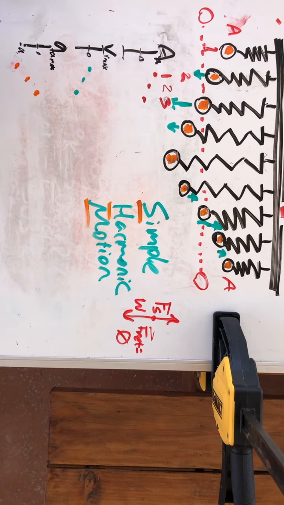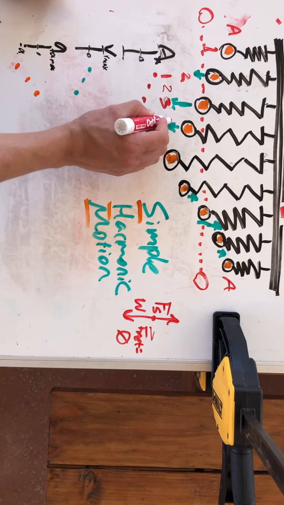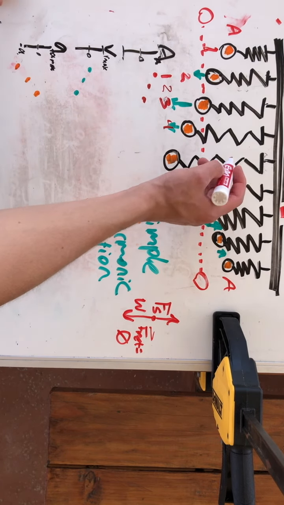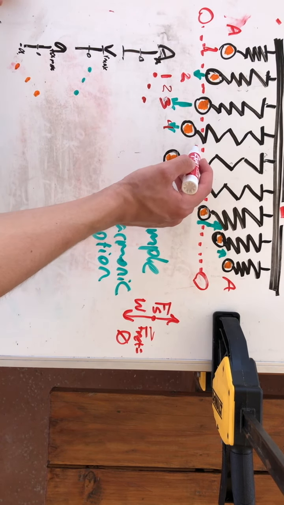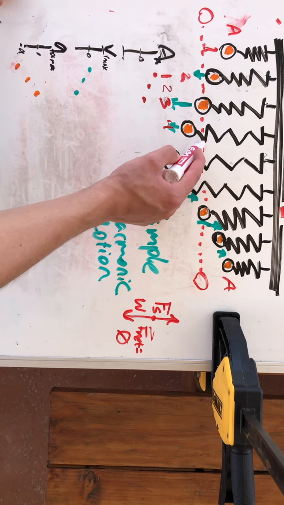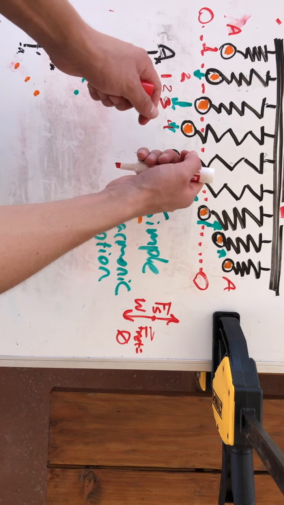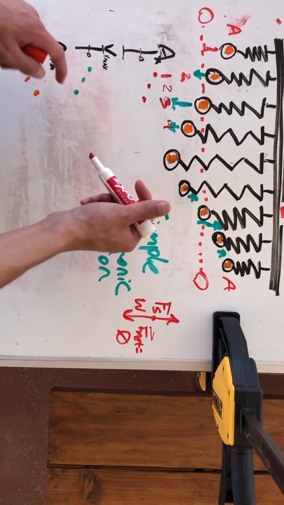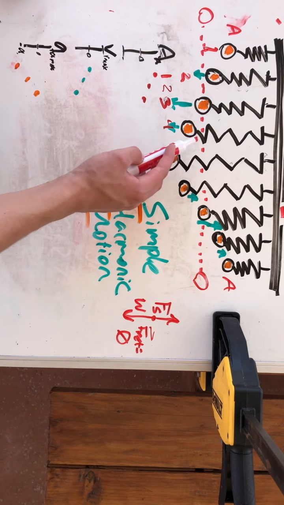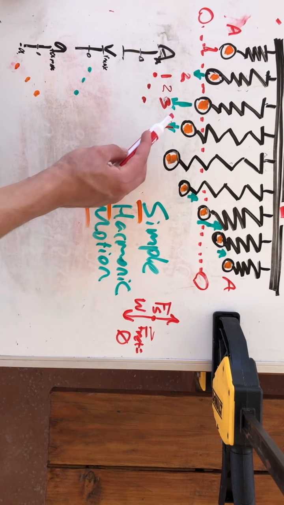Okay, so let's continue on to point 4. Right, point number 4 is going to be right here, and here we see that the spring starts to extend past its equilibrium length. Right, we were at equilibrium here, now we're going to extend past it. That means that the spring is now pulling on the ball. All right, and so that's going to mean some interesting things for the acceleration and the velocity.